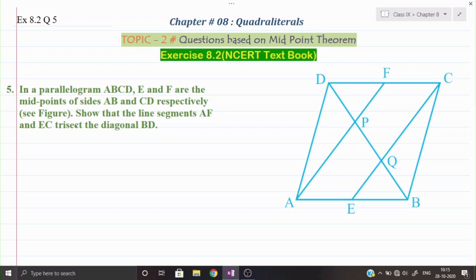Okay. So here, first we shall write down the given things in this question. First of all, you see the given figure is now a parallelogram in place of a trapezium. So we write down: ABCD is a parallelogram.